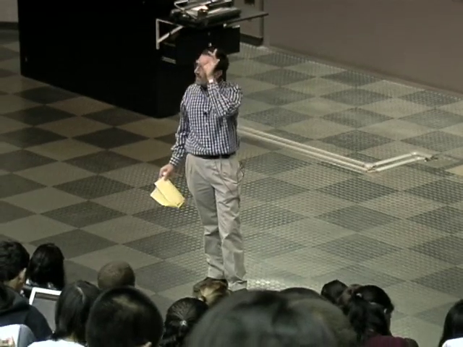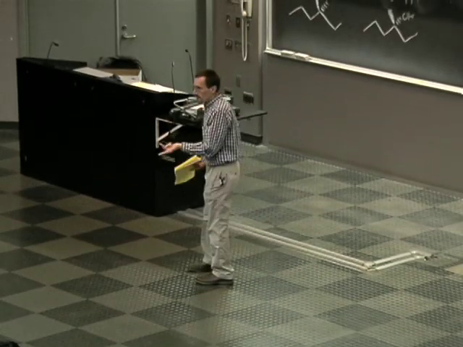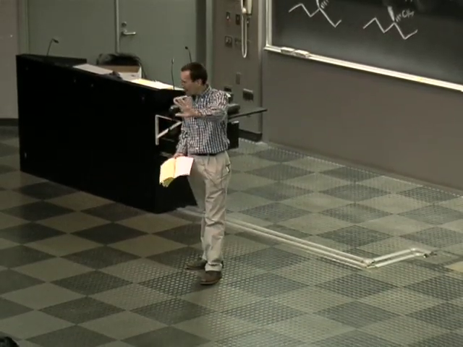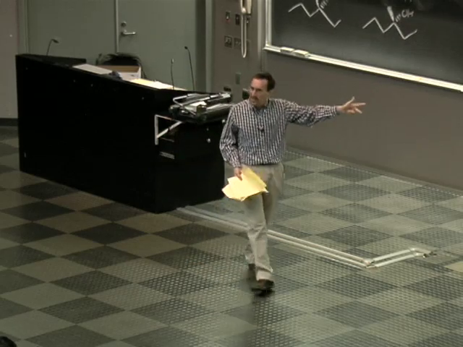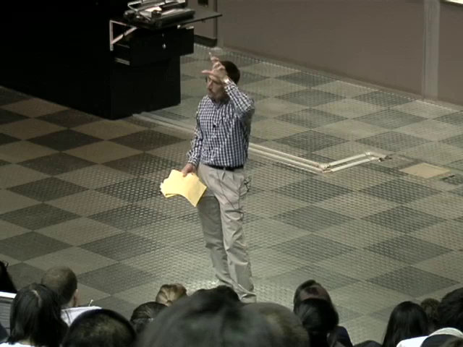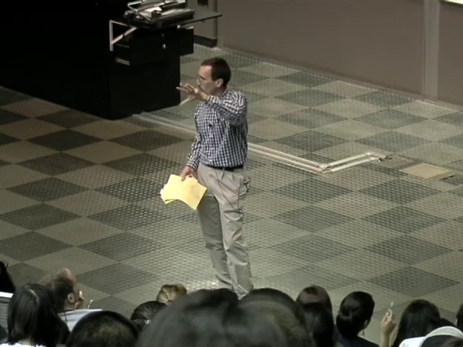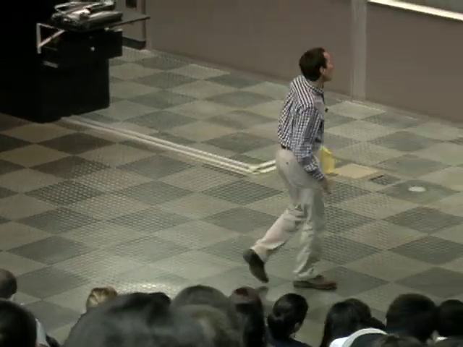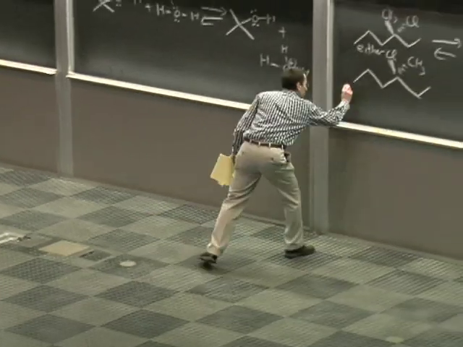Since, as I said, this really is a very, very contrived example. If I could get one pure enantiomer or the other, we would see loss of that stereochemistry. And in fact, if you took the racemate, you would generate racemic alcohol. So if you started with a mixture of the enantiomers of the chloride, you would generate the racemic alcohol, but it wouldn't be as if one enantiomer went to one enantiomer of the alcohol and the other went to the other enantiomer. We call this process loss of stereochemistry.